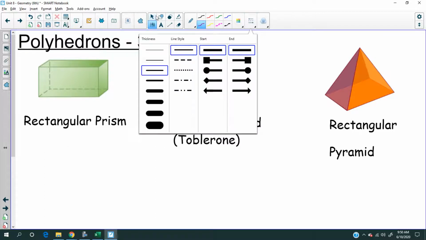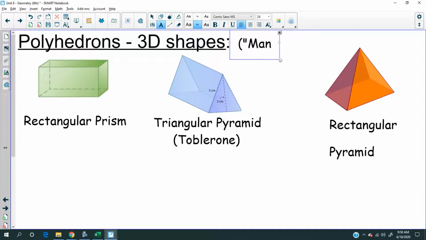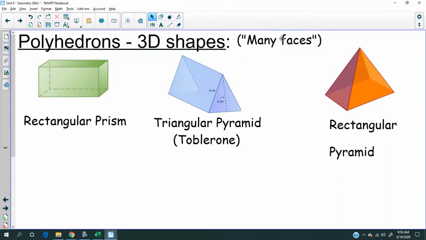You know what? Let me type it. Many faces. Okay, so that's a polyhedron. Polyhedron means many faces.